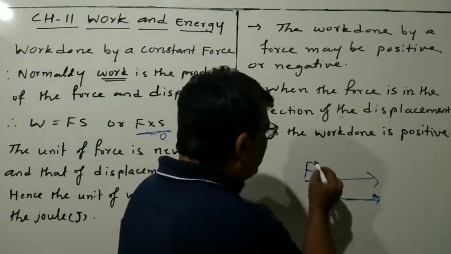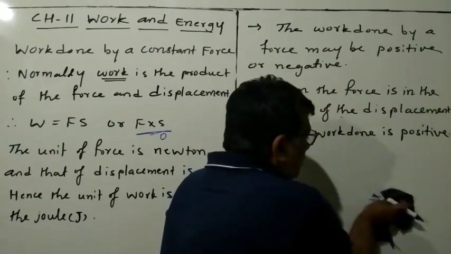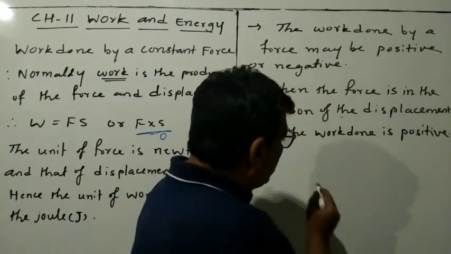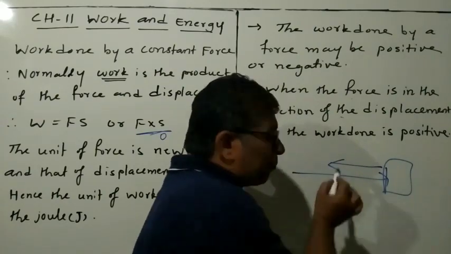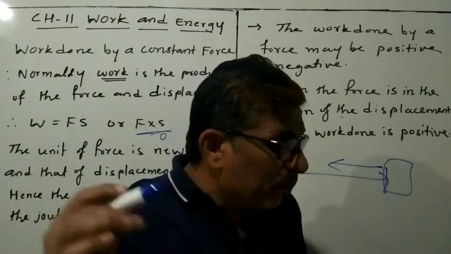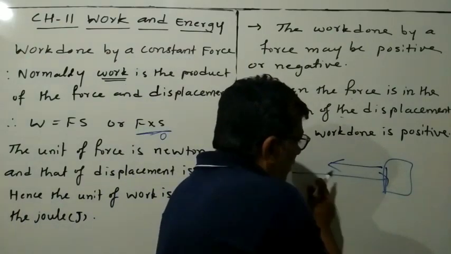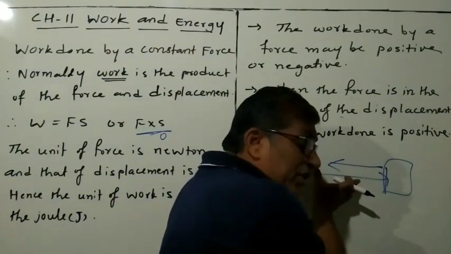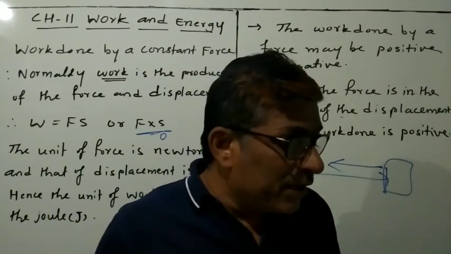It moves like this, but here some obstacle will be there. See, look here now. The force is here, here are some obstacles, so automatically it comes back. So here, in the opposite direction, the angle between the two directions is 180 degrees. Straight line only. Then let the object stop after the displacement.